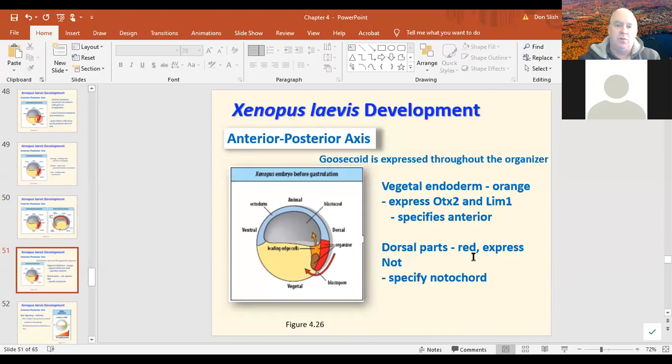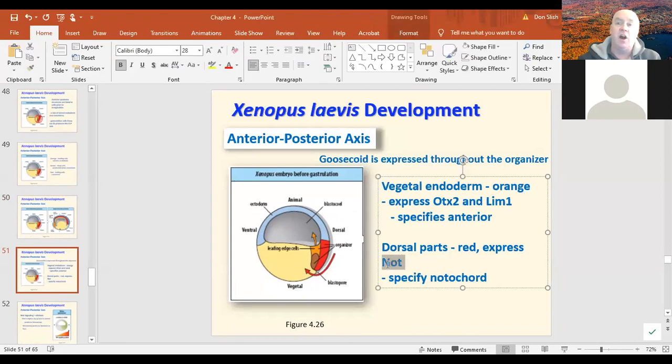And the dorsal parts in red are expressing the transcription factor NOT, N-O-T. And I'm pretty sure that NOT comes from the fact that this is going to be mesoderm or notochord. So when NOT gets expressed, those mesodermal tissues become notochord. So you're seeing NOT expression here.